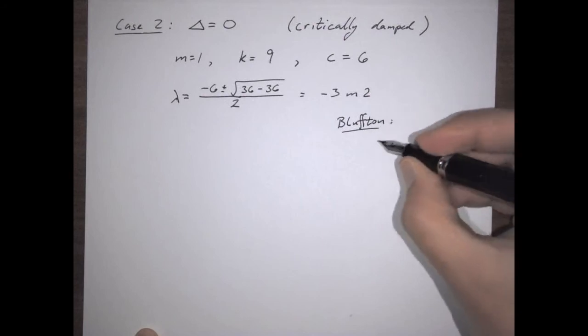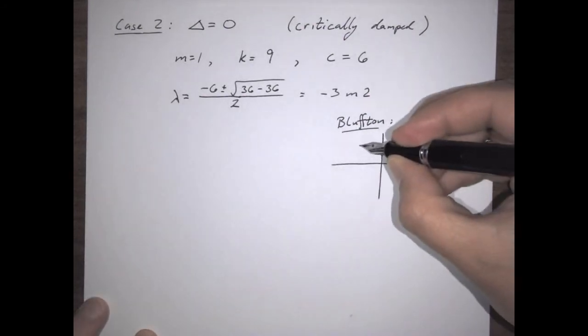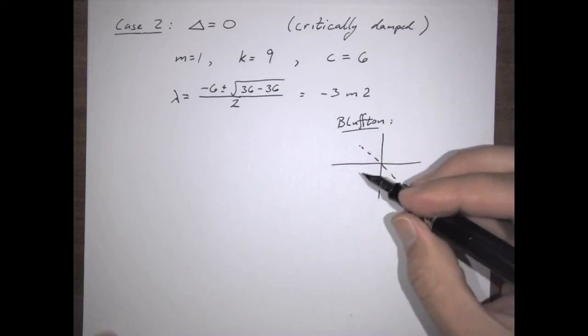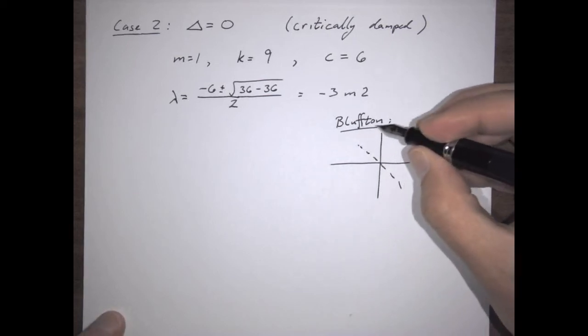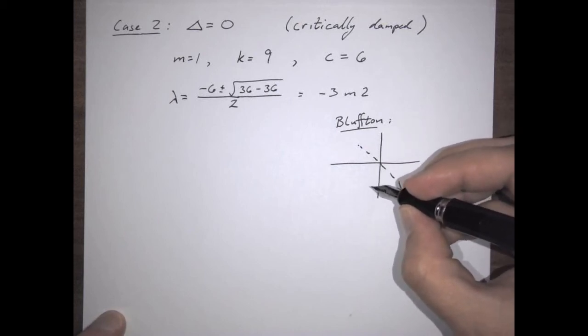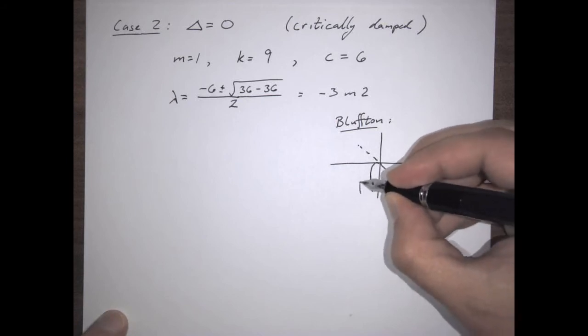So from the Bluffton, we again had a very similar looking direction field. However, this one is right on the boundary of this sort of behavior. So technically here, what we saw was it coming in like so.